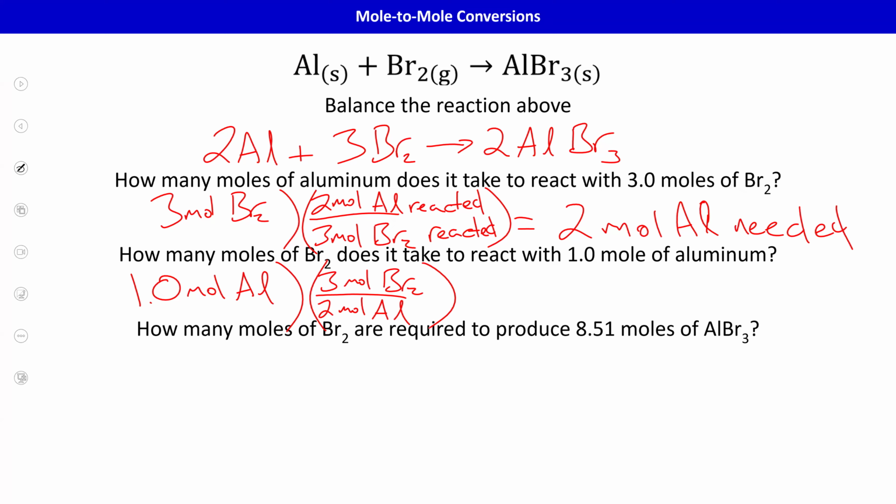Every 2 moles of aluminum that reacts uses 3 moles of bromine. Right, so same logic as our hamburgers, or same logic as our wheels from a tricycle. It's just with chemicals now instead.